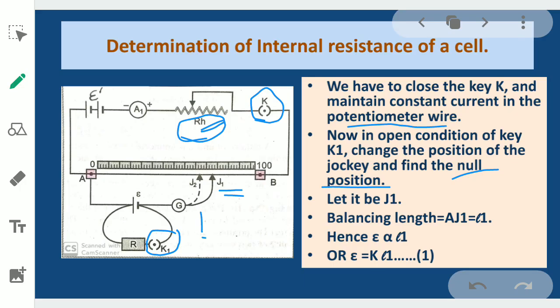So galvanometer current Ig will be 0 in this condition. This point is known as the null position. Let it be J1. At point J1, the galvanometer shows null deflection. So this is the balance condition of the galvanometer. In this position, let the balancing length be L1.